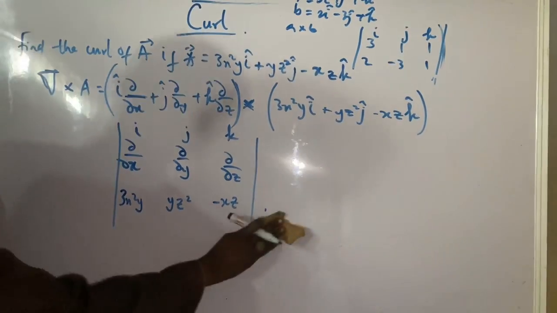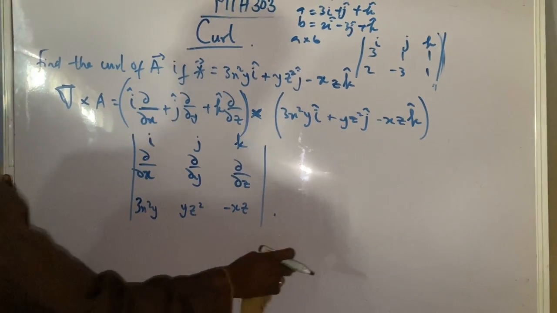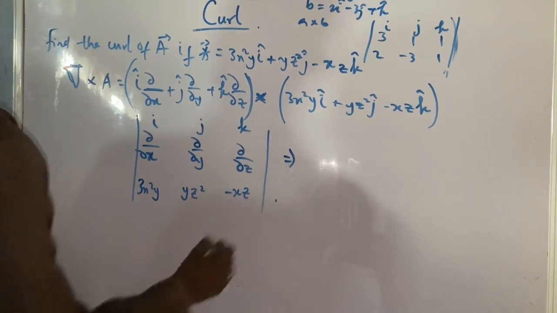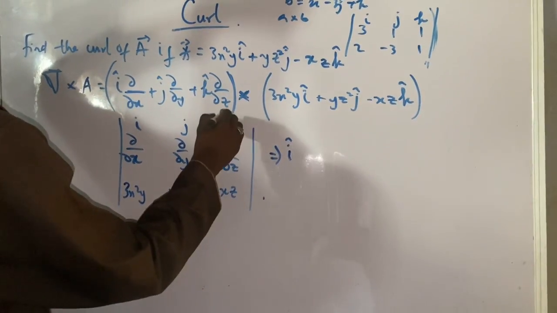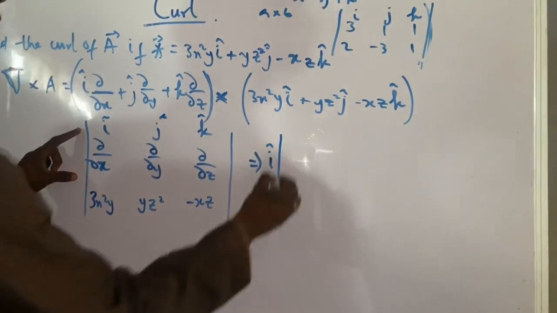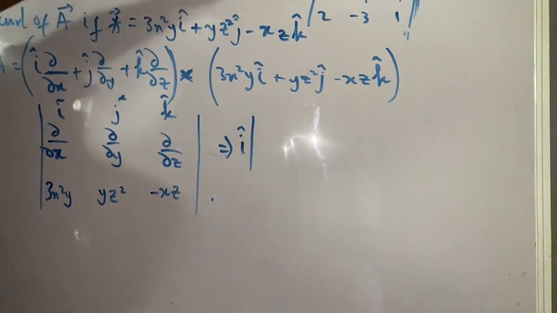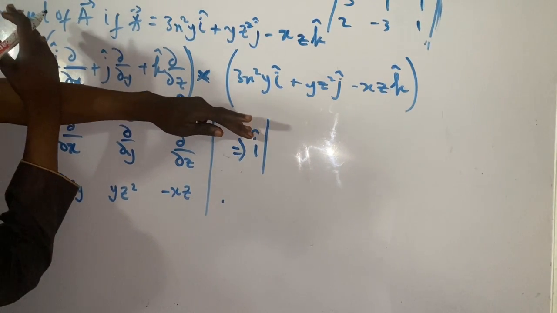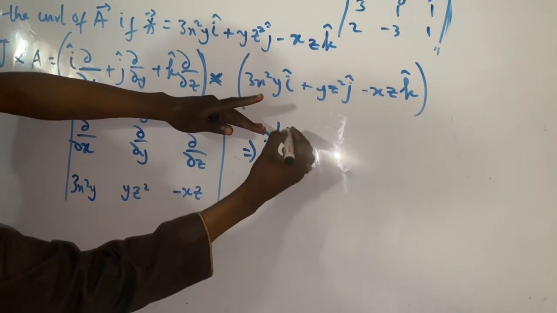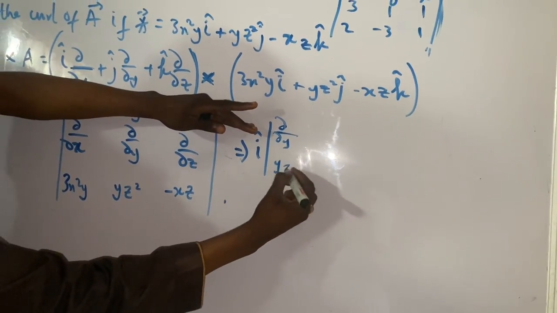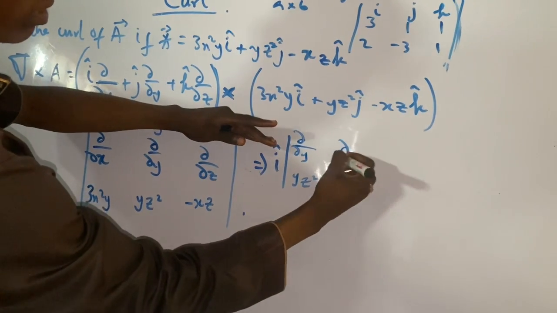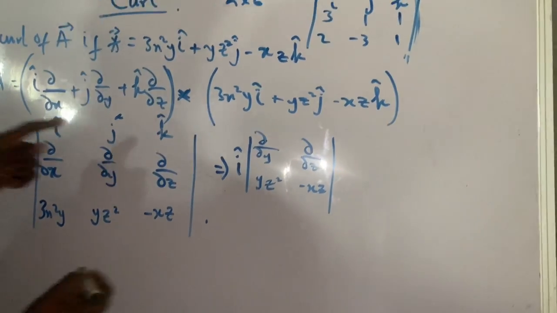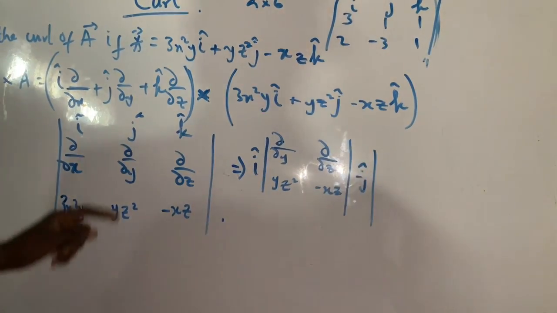So let us do the mathematics around this now. This is equal to i first, times, we're going to cover this place, cover it from the vertical and from the horizontal. What do we have left? Del y, yz squared, and the other side, del z, minus xz. That is for i. Then we said minus j. We use negative for j.